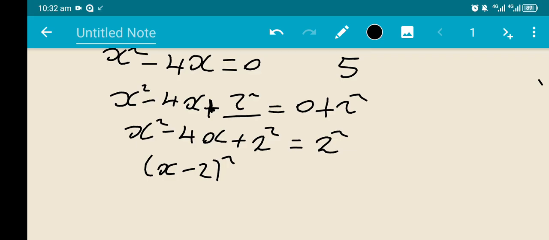Because you say the first one squared, which is this, then because it's a minus, you add a minus, then the second term, which is 4 times negative 2, then we multiply it by what? By 2. Remember, we said 2 times the multiplication of these two, which is negative 4x. Then the last one squared, not just 2, but negative 2 squared. So this whole thing has been simplified to this. Then it should be equal to 2 squared, which is 4.